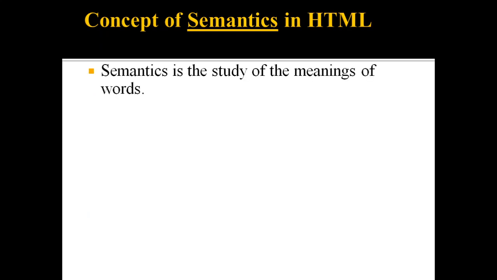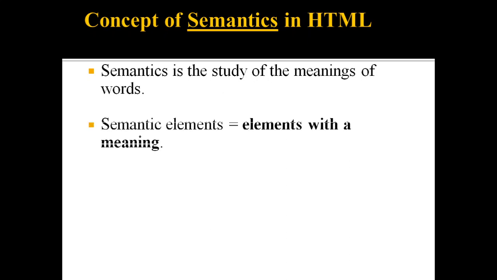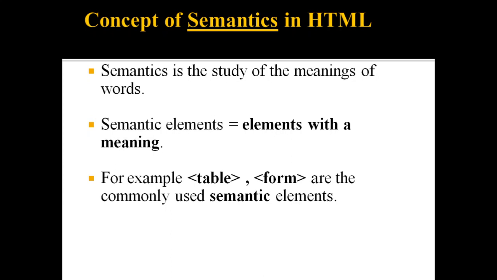Semantics in general English is the study of meanings of words. So semantics tells us about what the words actually mean. In HTML also, we have semantic elements. Semantic elements are the elements with a specific meaning. For example, table and form are commonly used semantic elements.